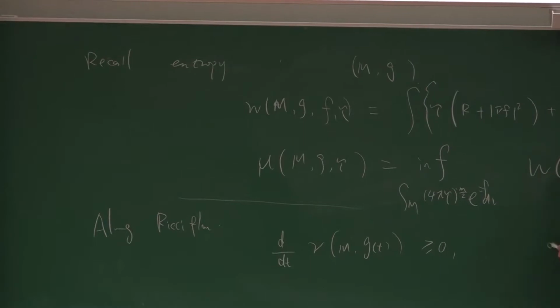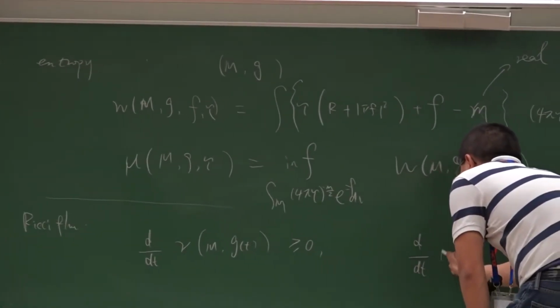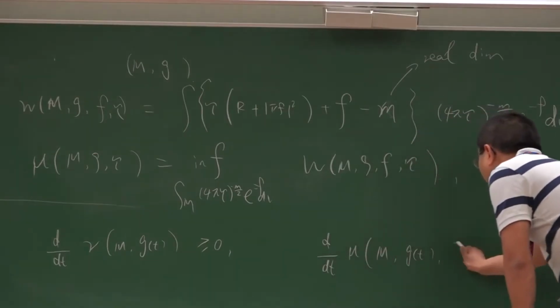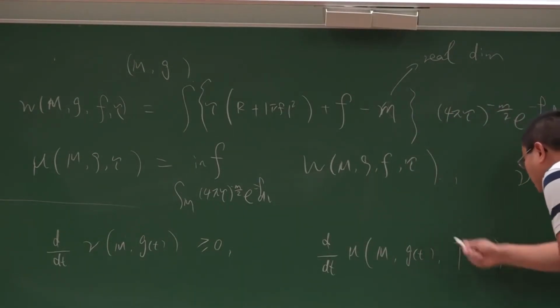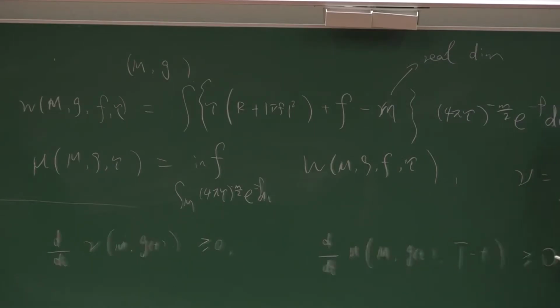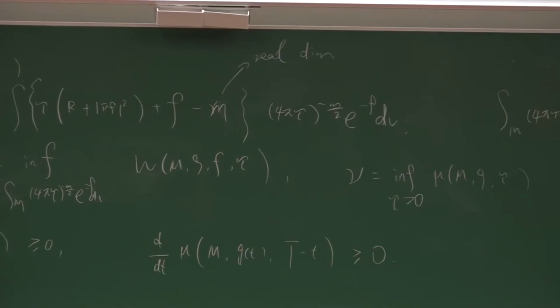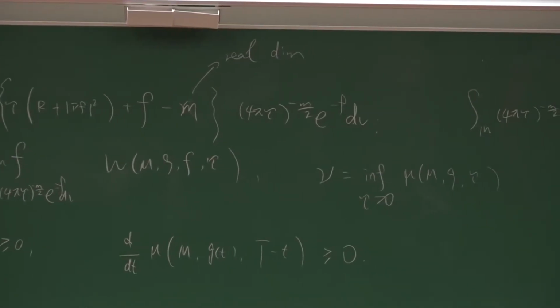Actually, it shows that d/dt of mu(M, g(t), T minus t) is non-negative, this is increasing.